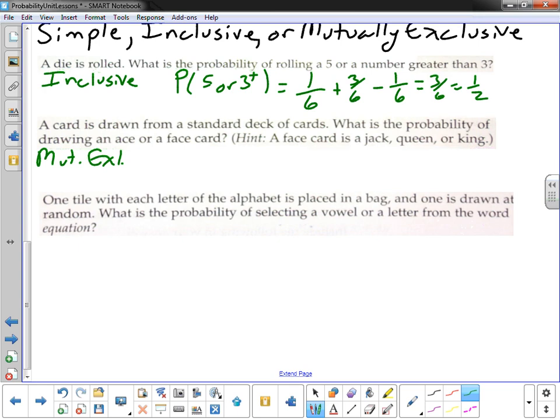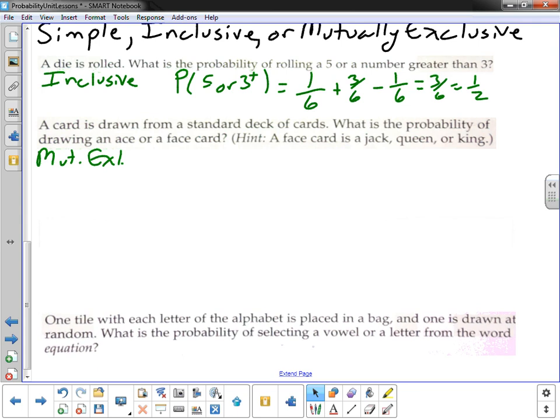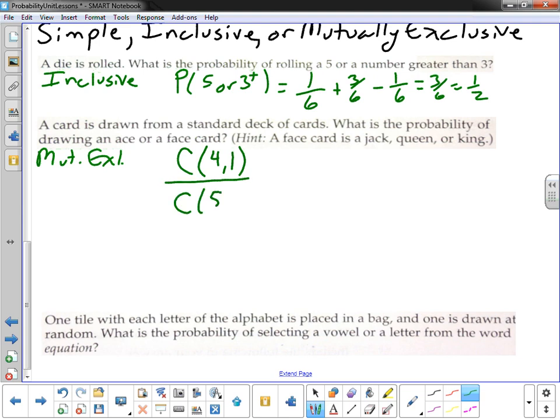Now we can do this 2 different ways, and I want to show you both ways. One way is through combinations. Well, there's how many aces? There's 4, and I want to draw 1 of them, out of the whole 52. Then I would have to add to that the face cards.